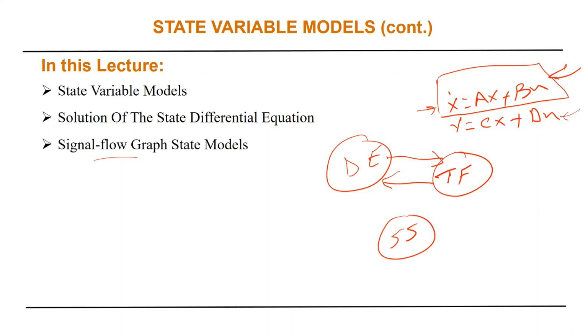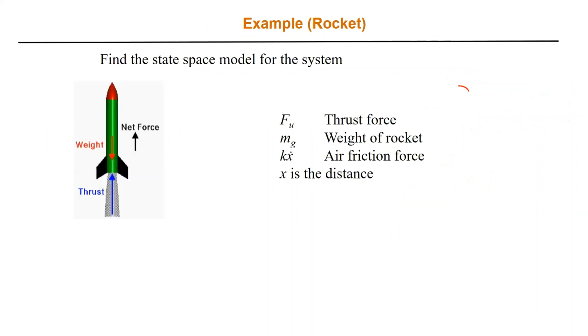Then in this lecture, we'll show you how to go in this way. And later on, maybe next lecture or two more lectures, we will be dealing with all the models together.